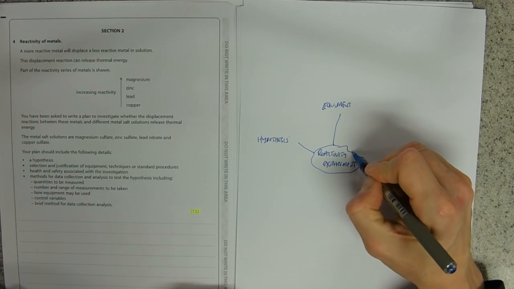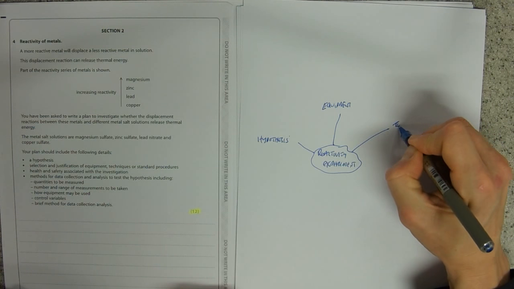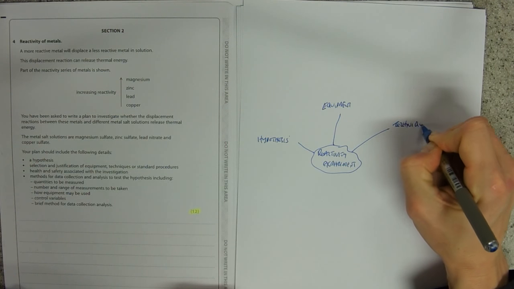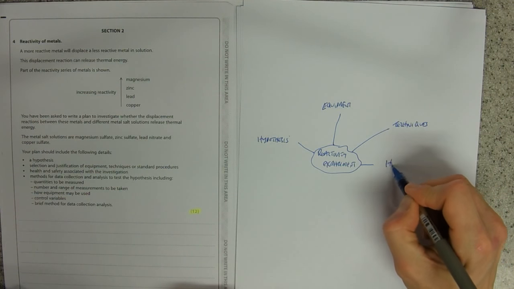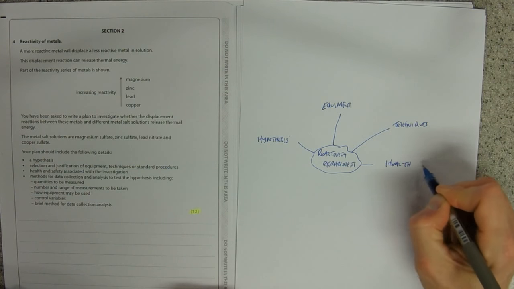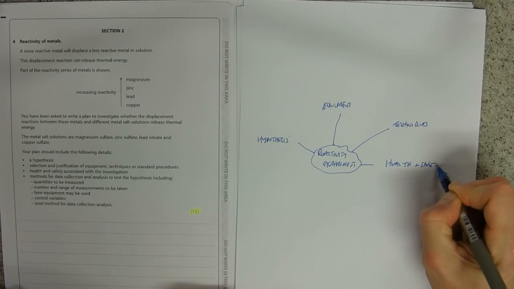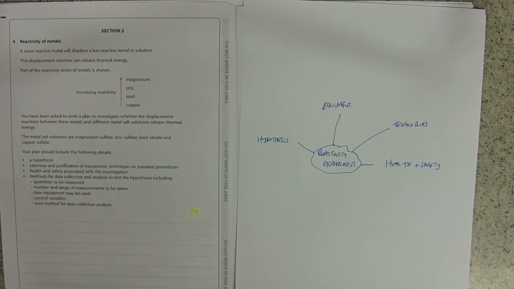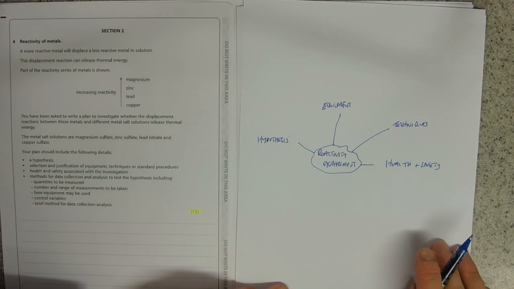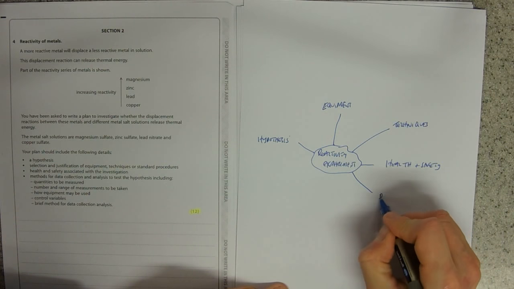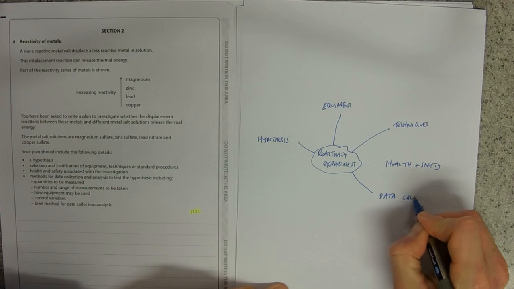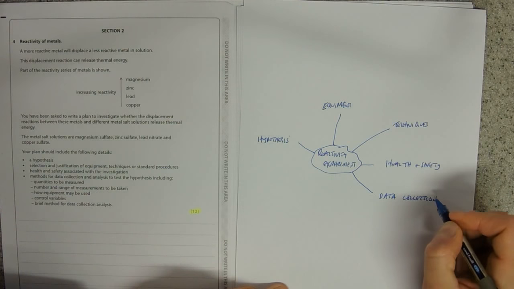Equipment, then techniques, health and safety. Most students are okay with the health and safety part, and probably spend a bit too much on that, and not as much on the other parts. And data collection.